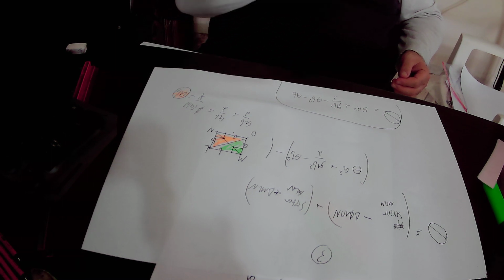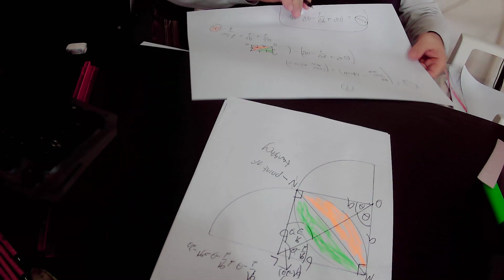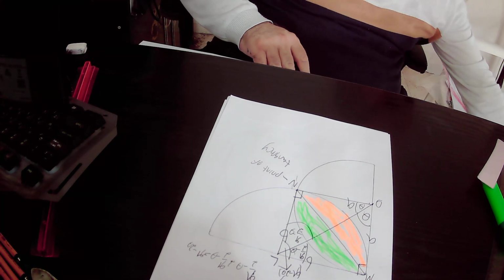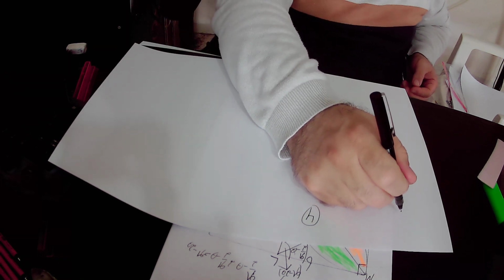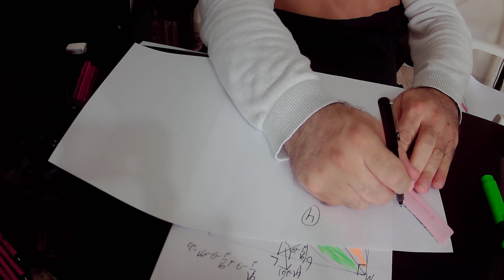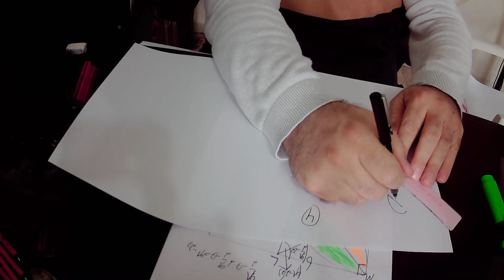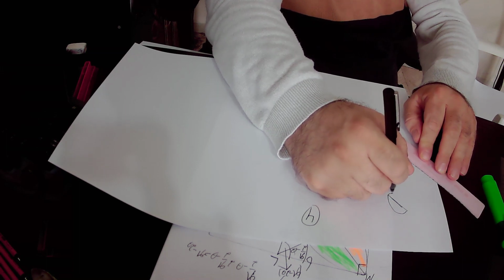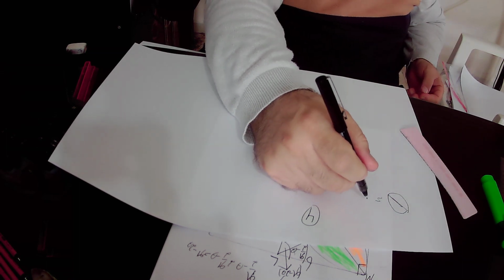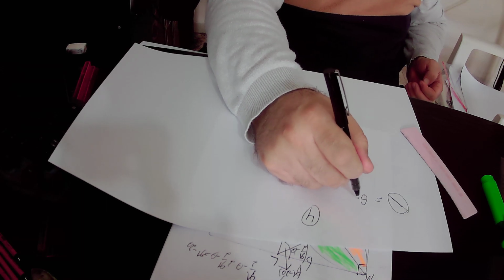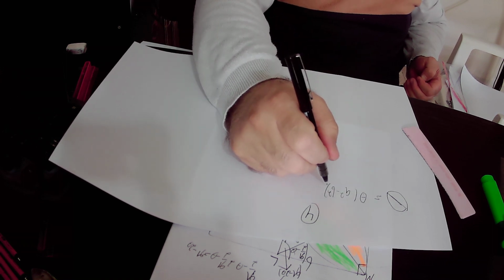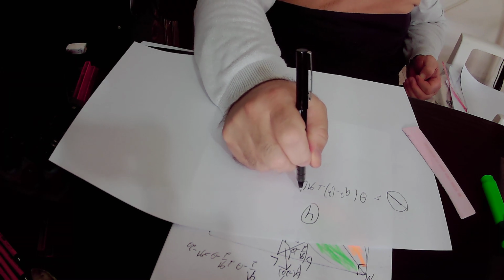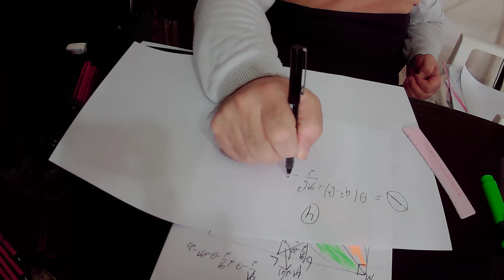So here we take theta as a common factor, and we get that the area of the blue lens, the lens that could be any lens, is equal to theta times, inside the brackets, A squared minus B squared, plus pi B squared over 2 minus AB.